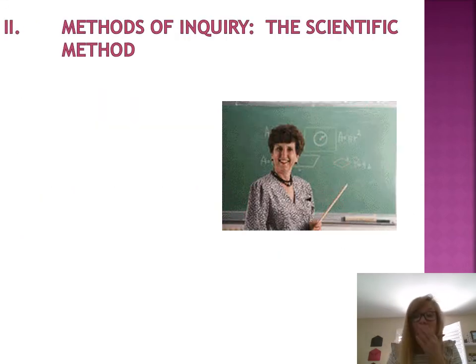Okay, so now let me say something about this. Psychology does rely on empiricism. However, when we use inferences, we must convert those inferences into something that can be seen, smelled, heard, tasted, or felt.